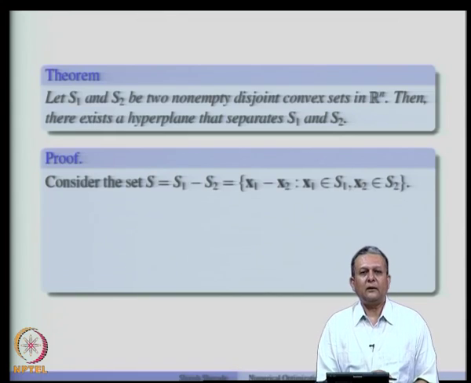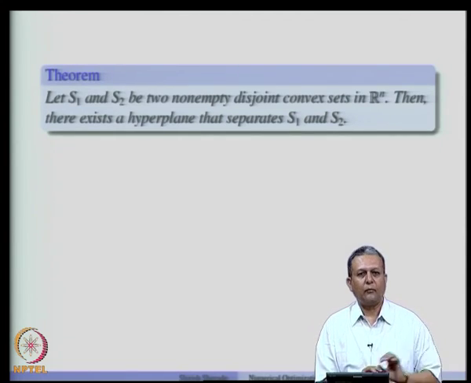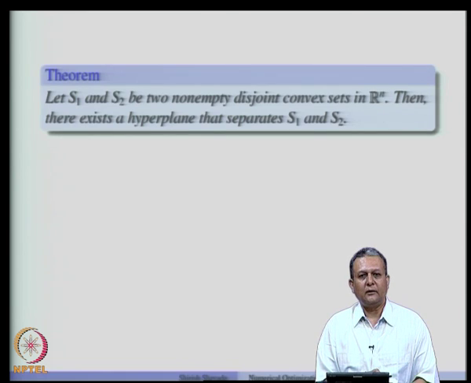Now, we know that if we are given a convex set S and a point which is not in the convex set, then there exists a hyperplane that separates the convex set from that point. Now, here we are given two non-empty disjoint convex sets.